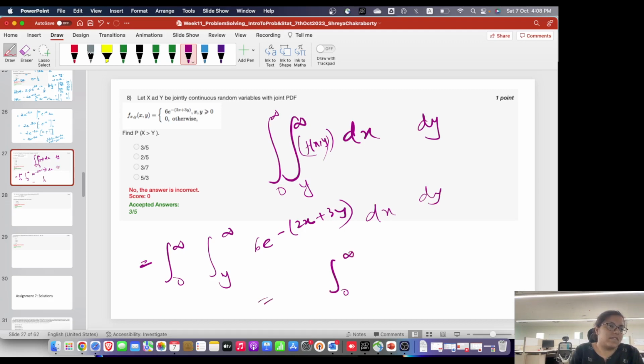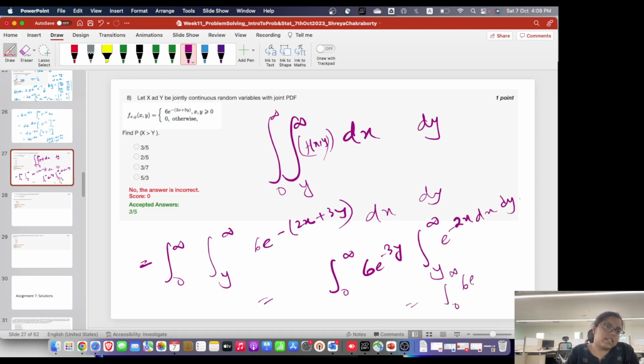So here we would have 0 to infinity 6e to the power minus 3y, which we will take out, then we will have y to infinity e to the power minus 2x dx, then we have dy.